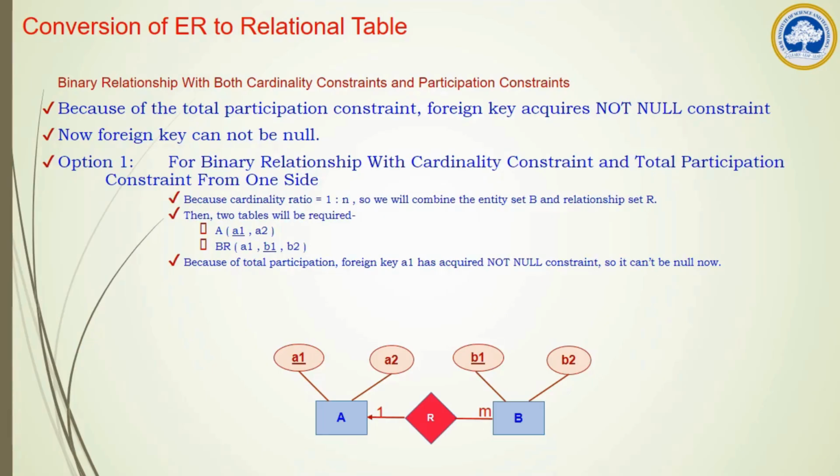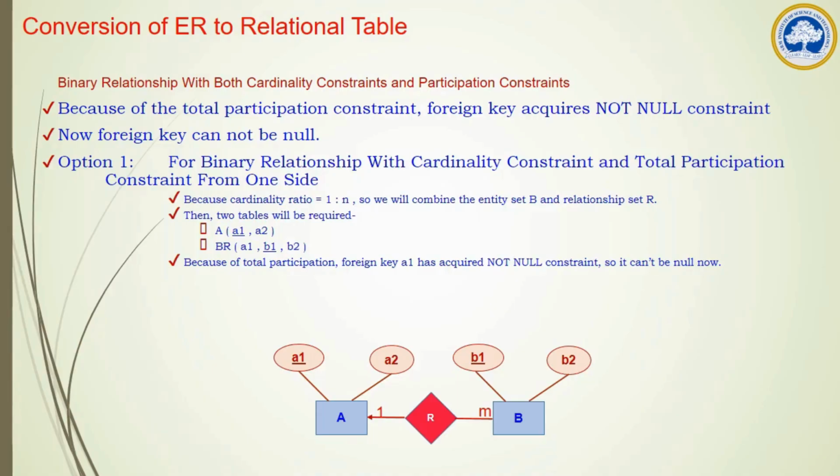Because of the total participation, the foreign key A1 has a not null constraint, so it cannot be null now. With the help of that, we can represent this with two tables: table A will have A1 and A2, whereas the table BR, that is the merged entity set B and relationship set R, will have the attributes A1, B1 and B2.